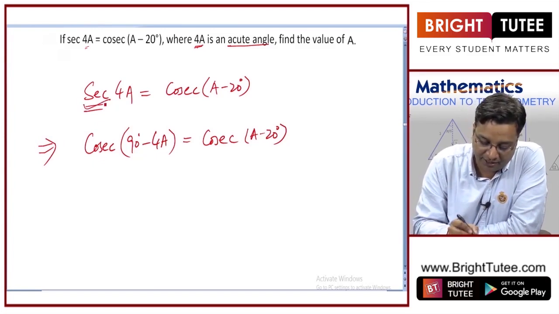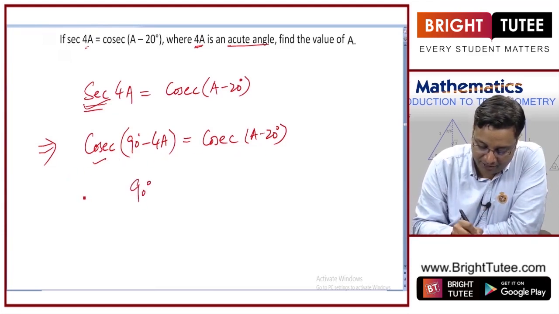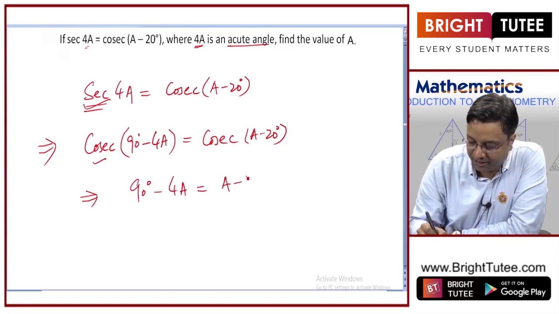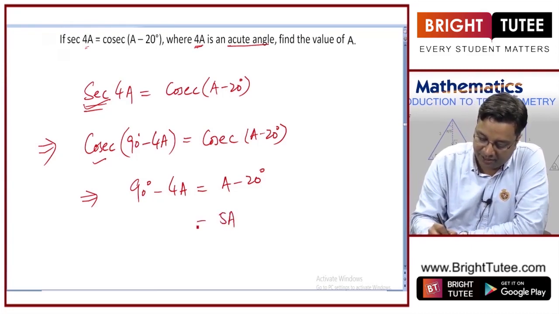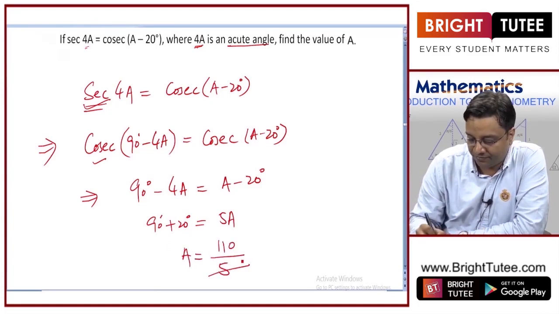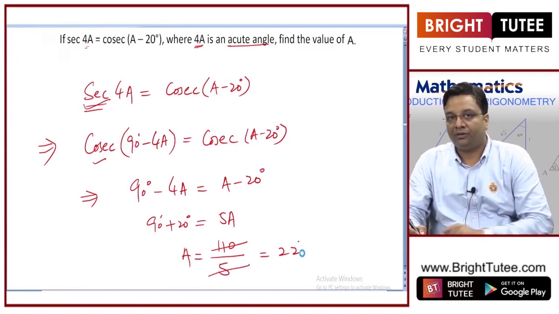Now on both sides I can compare the angles. So 90 minus 4A is equal to A minus 20. So 5A is equal to 90 plus 20. So A is equal to 110 divided by 5, which is 22. So this is the value of A.